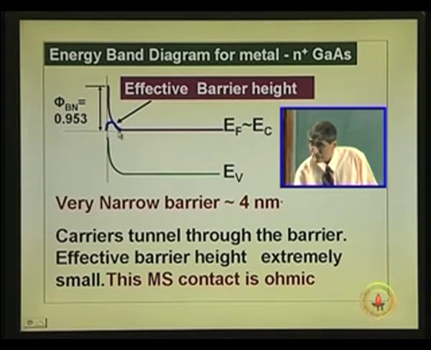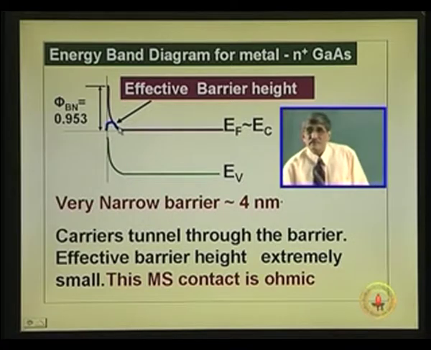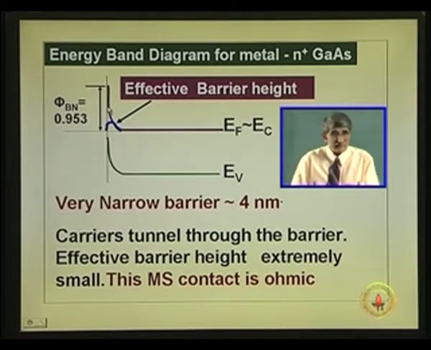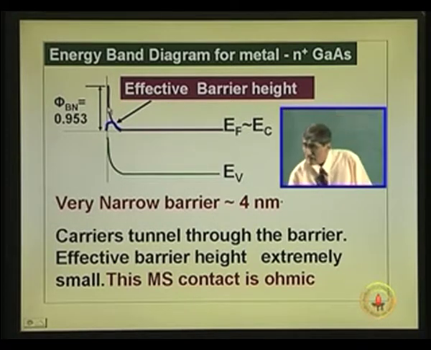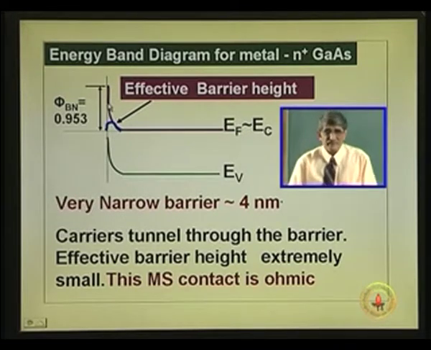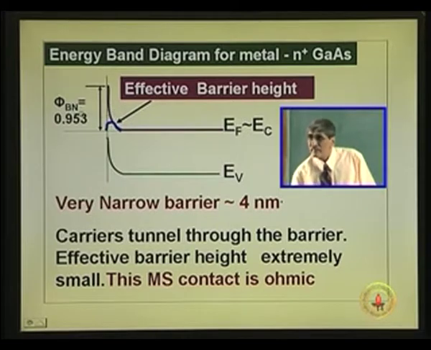Depletion layer width is up to this point, that is 40 angstroms, and as you go towards this, the barrier becomes narrower and narrower, less than 40 angstroms, which means above certain height here, it is as if there is no barrier, because the electrons can tunnel through from either side.